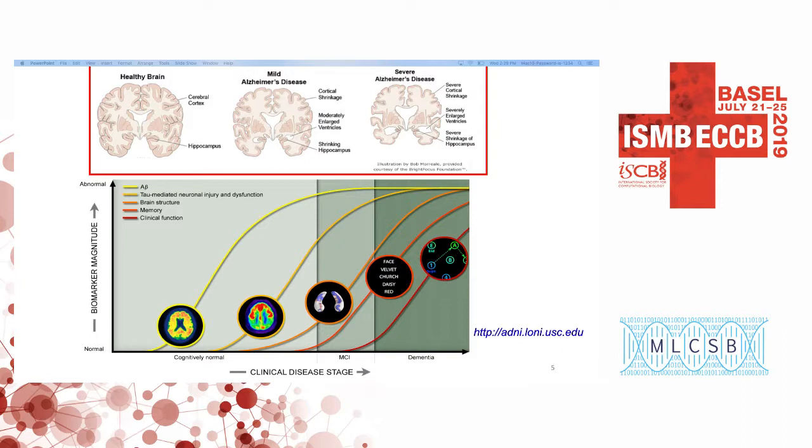It becomes smaller and smaller. The figure on the bottom also shows five other imaging biomarkers. We can see that all imaging markers change gradually from normal to dementia. So this tells us the disease changes gradually over time, not suddenly.